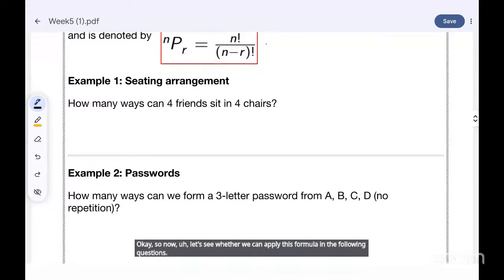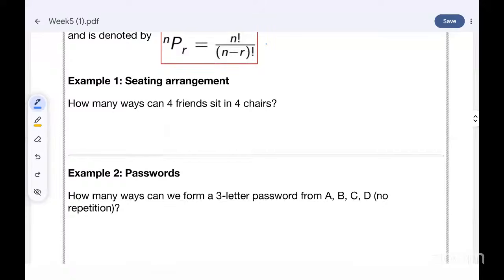How many ways can 4 friends sit in 4 chairs? Try to identify what is your n and what is your r. The number of chairs should be your n, which is 4. And the number of friends here is again 4.